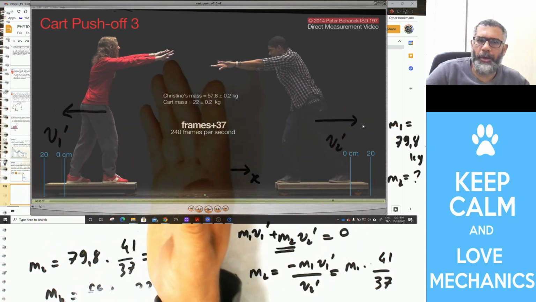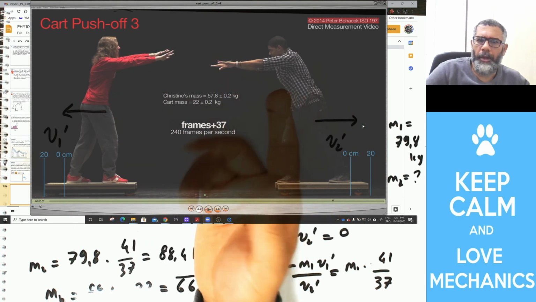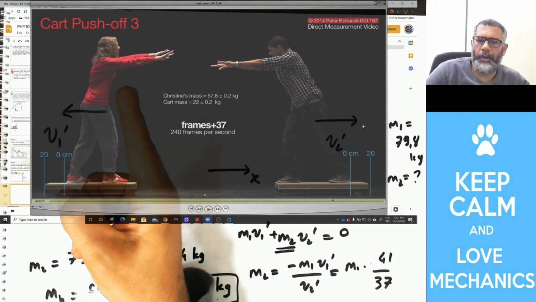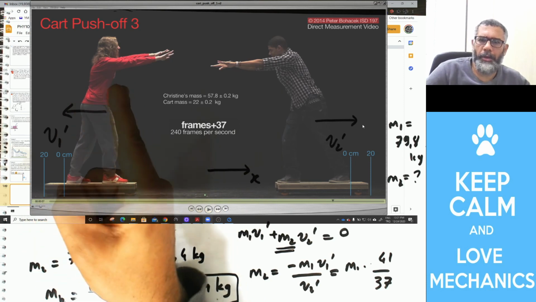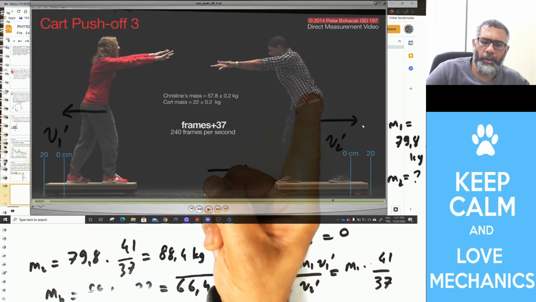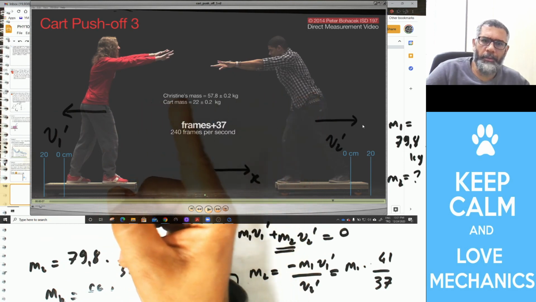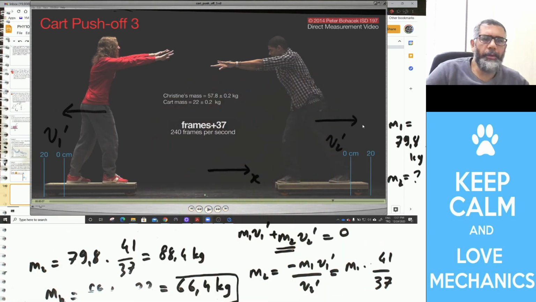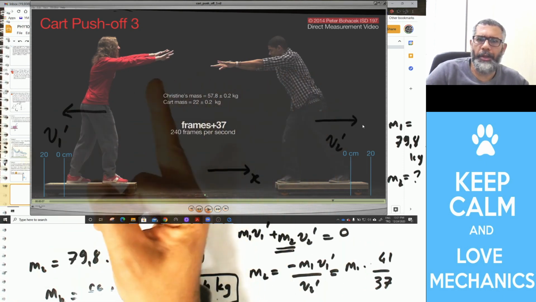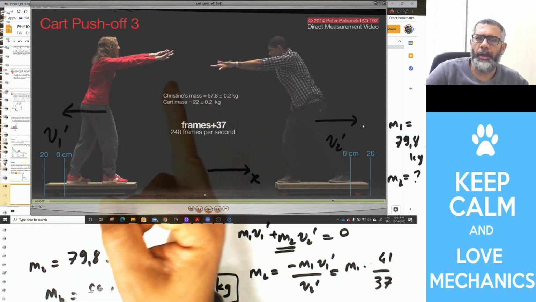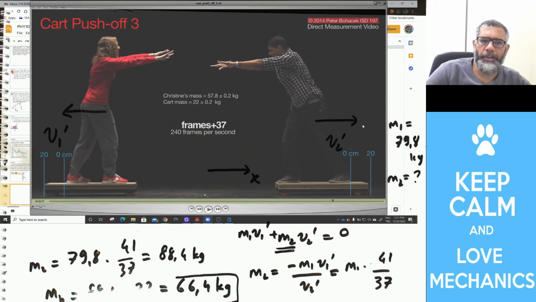Well, it's going to be the same, because according to Newton's third law, if one object applies a certain force on the other object, the other will apply the same amount of force on the first one, equal in magnitude but opposite in direction. This is Newton's third law. We will be able to determine also the average force that these two students are applying to each other. I will discuss this next week, okay?